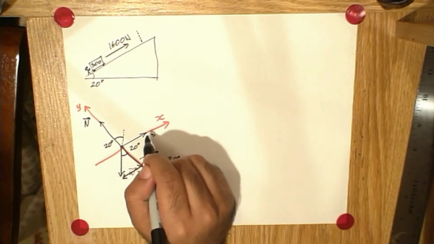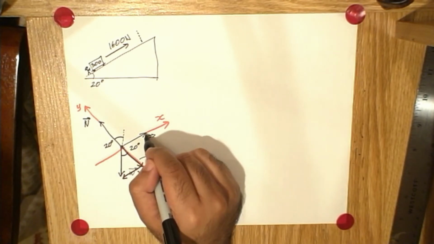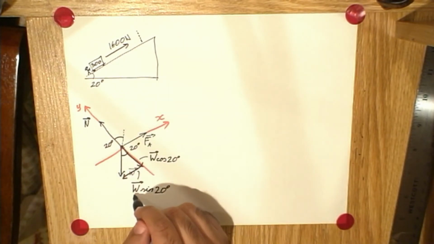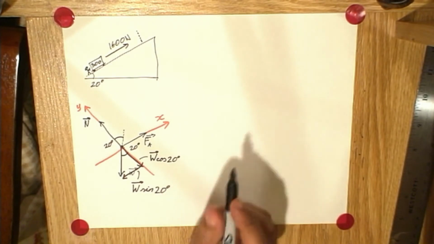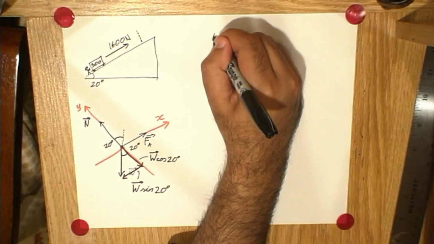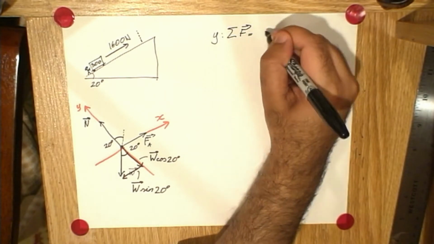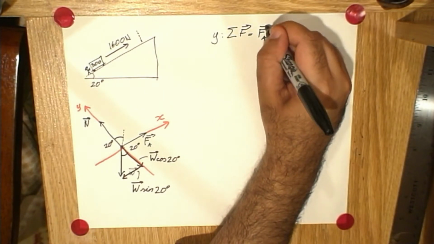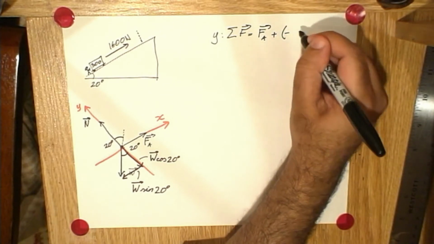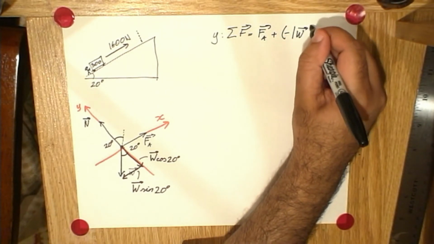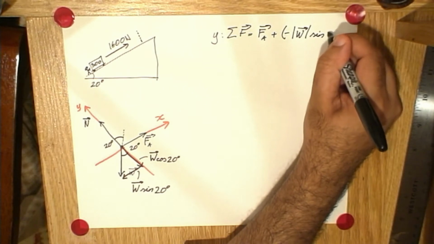But in the x direction, we have an applied force, 1,600 newtons, and we have weight sine 20 in the opposite direction. So that means that in the x direction, the total force is going to be the applied force minus the force of weight sine 20 degrees.